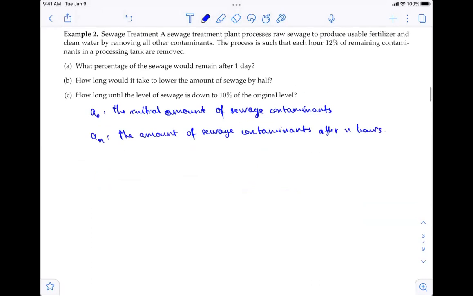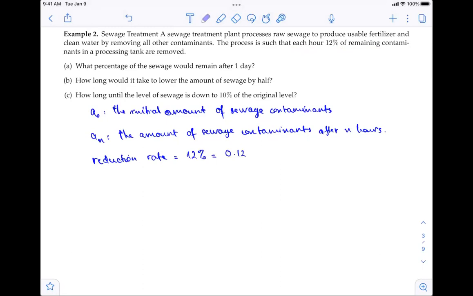And the reduction rate is 12%, or 0.12. So for each hour, 12% of the remaining contaminant in the processing tank is removed.